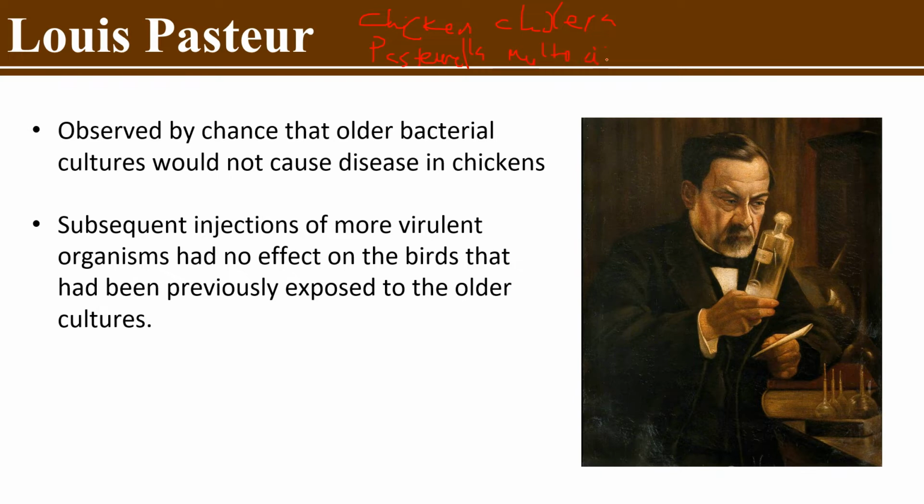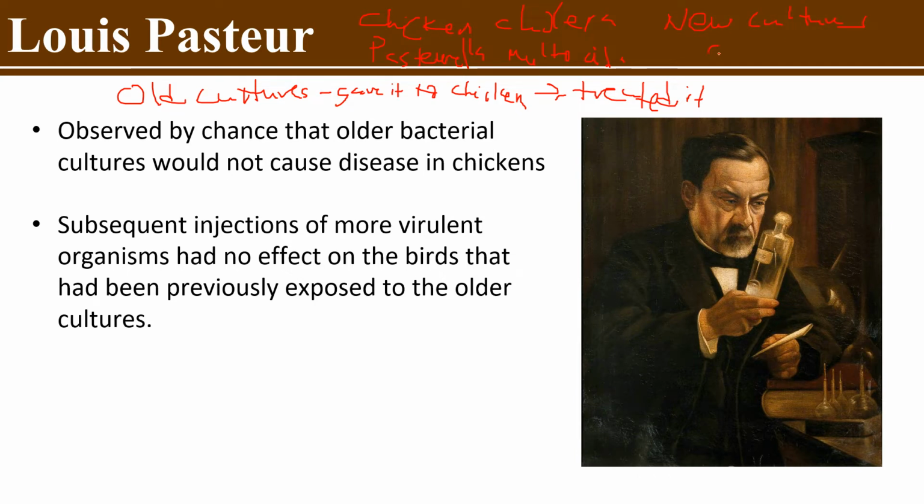Now, what he did here was he took old cultures, gave it to the chicken, treated it, then it became healthy. Then he introduced new cultures, but the chicken would now become immune.